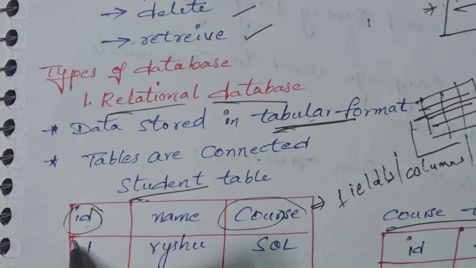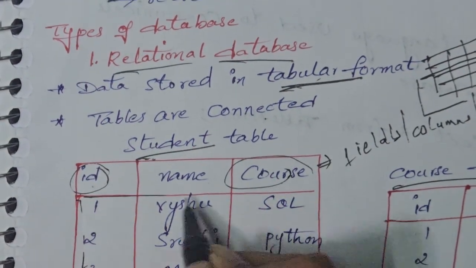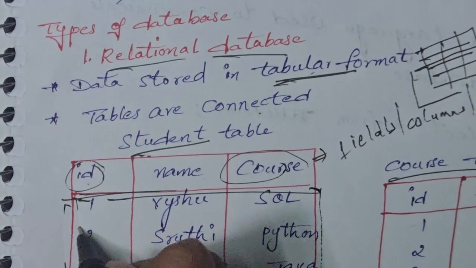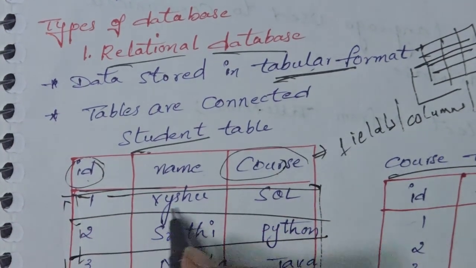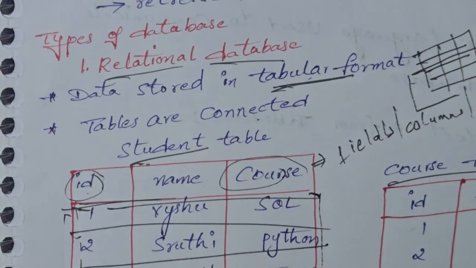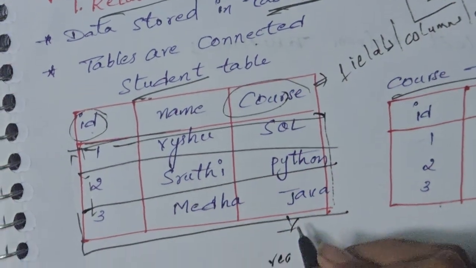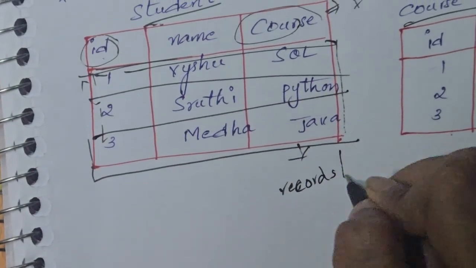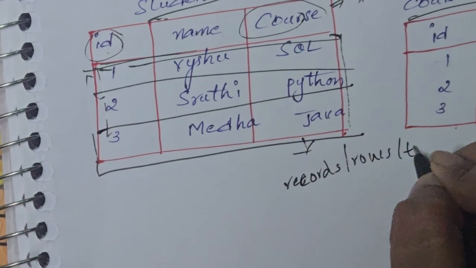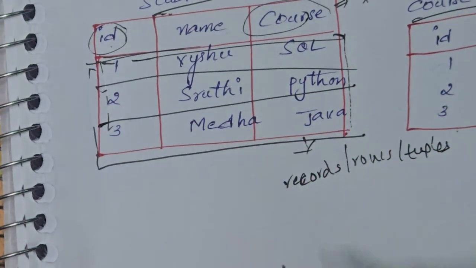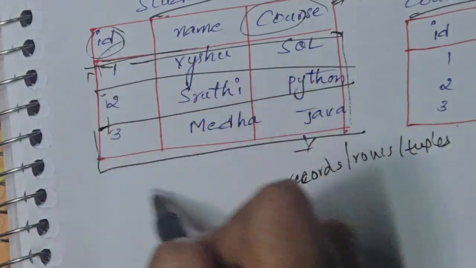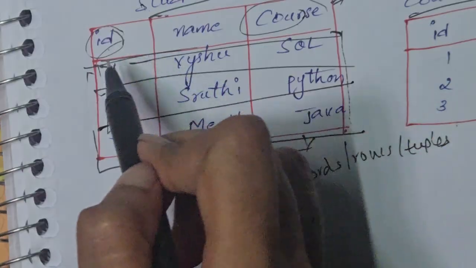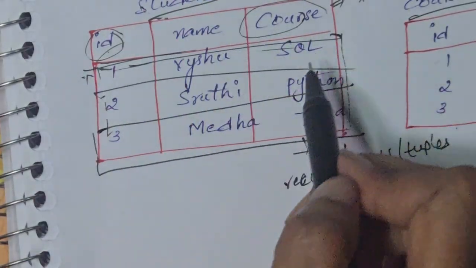And the data that is stored in the table, we call these records. We have three records. These are called records or rows or tuples. So this is tabular format, where data is stored in the form of rows and columns.